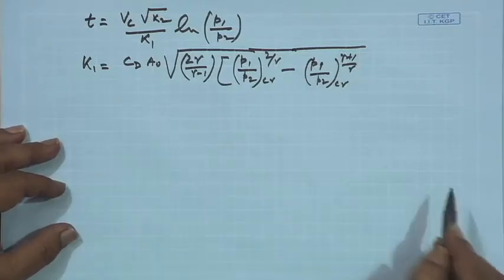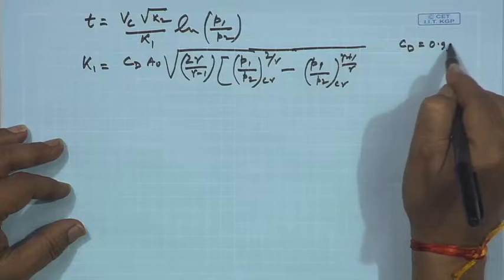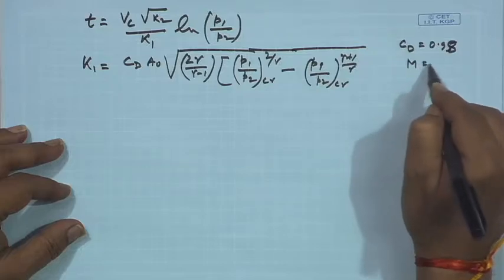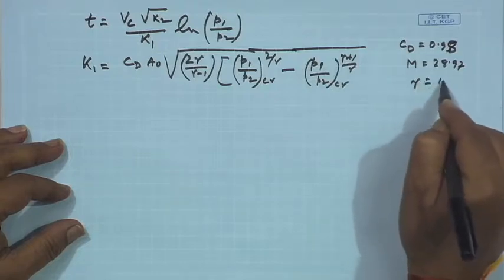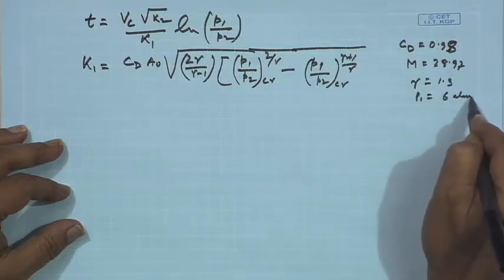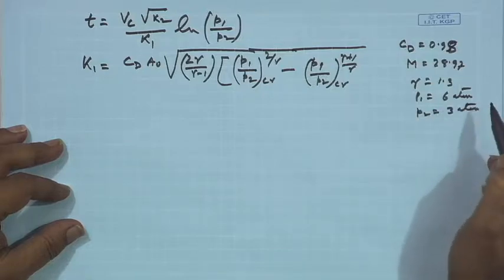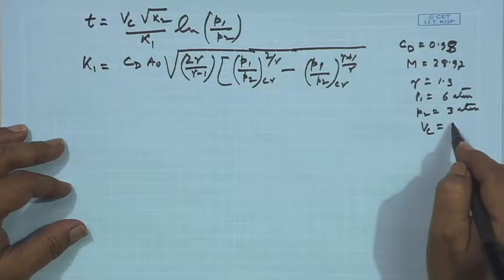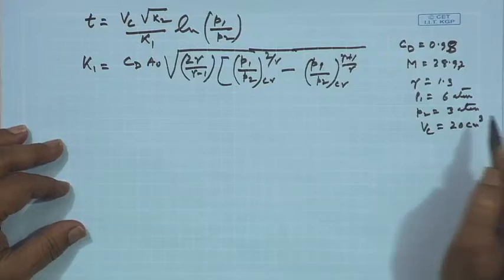And the values which are given to us are like this: CD is 0.98, molecular weight M is 28.97, gamma is 1.3, P1 is equal to 6 atmosphere, P2 is equal to 3 atmosphere, and also we are given the volume of the container Vc equal to 20 centimeter cube, right. So, these are the values we are given.